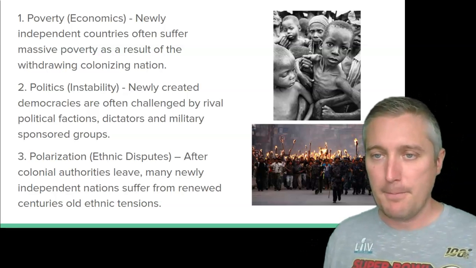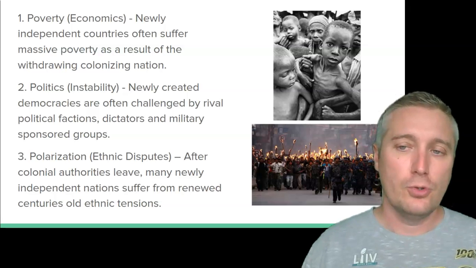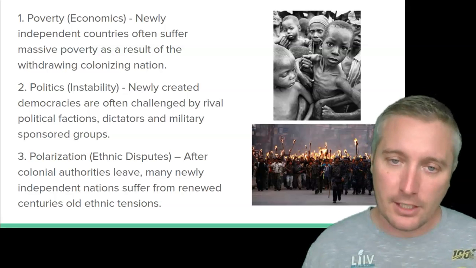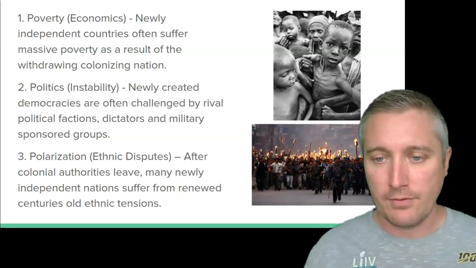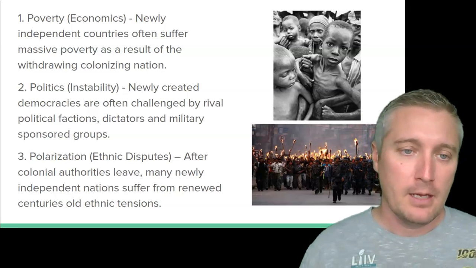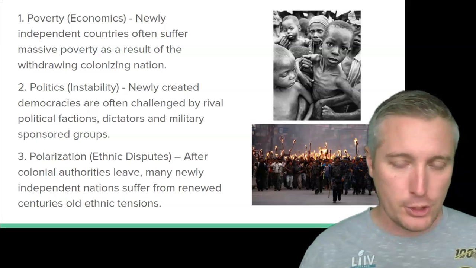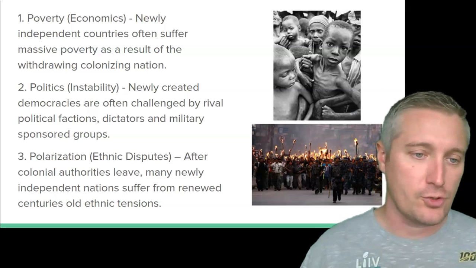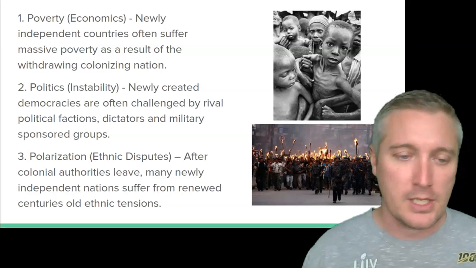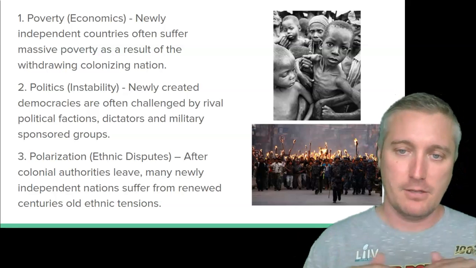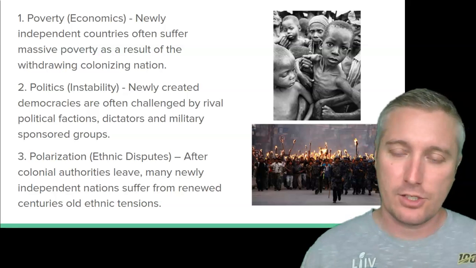Thirdly, one of the big impacts we're going to see in these newly independent nations are ethnic disputes. Now, in some cases, these ethnic disputes have always existed, but sometimes, especially in totalitarian societies or societies where you had kind of an autocracy, they had kind of capped those ethnic disputes.